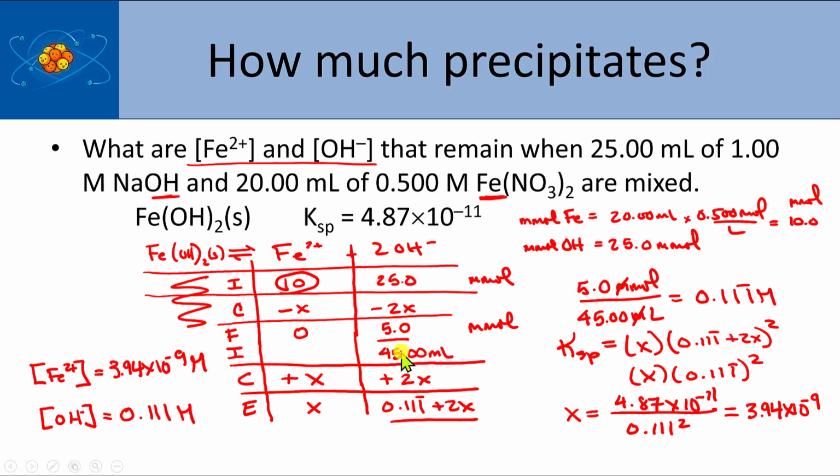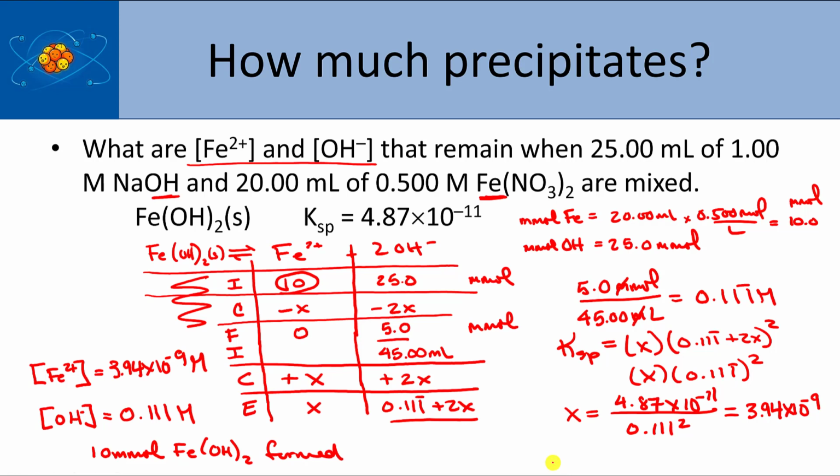Whichever one was your limiting reactant in the first part determines how much precipitate formed during the reaction. So the precipitate would be 10 millimoles of Fe(OH)2 formed. And if you needed to know that in grams, you would find the molar mass and multiply it out.